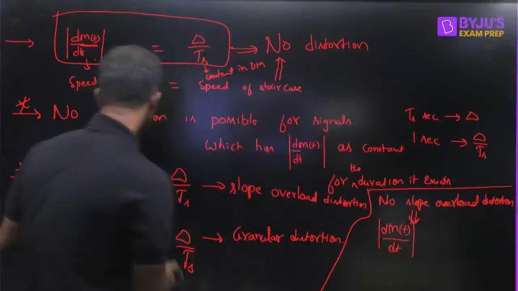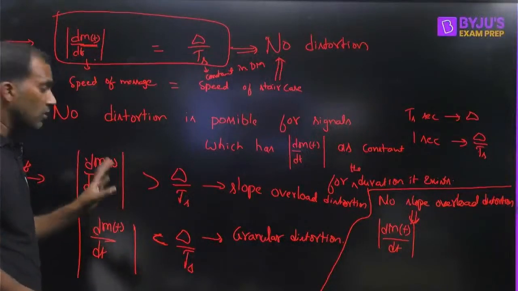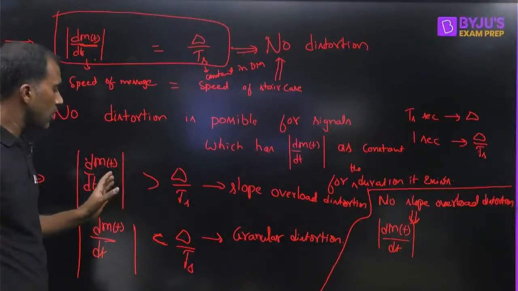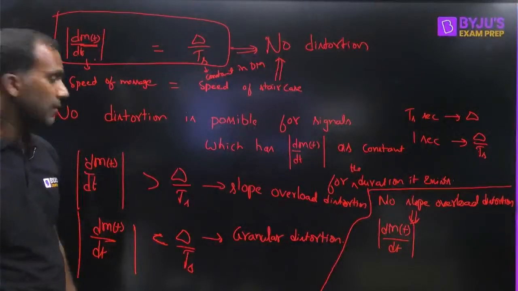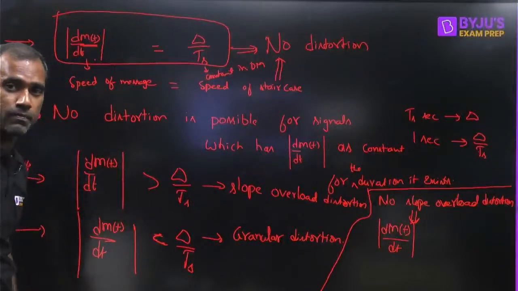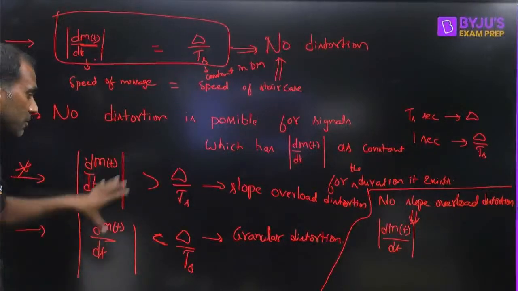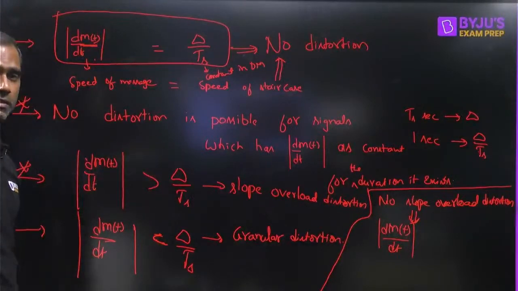Since we are talking about message slope not dominating, we should talk about the maximum slope of the signal, because this condition might happen when our message has a bigger slope. So if you design the step size according to the highest slope in the message, then we can avoid slope overload distortion.